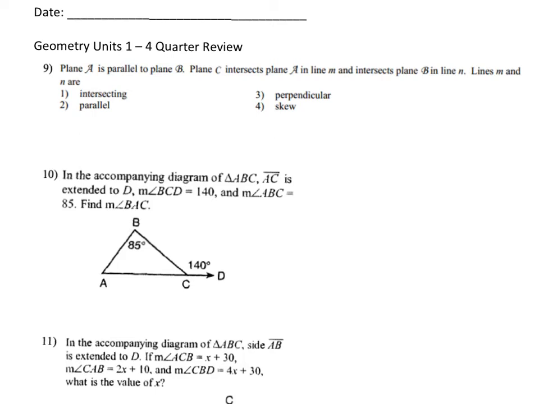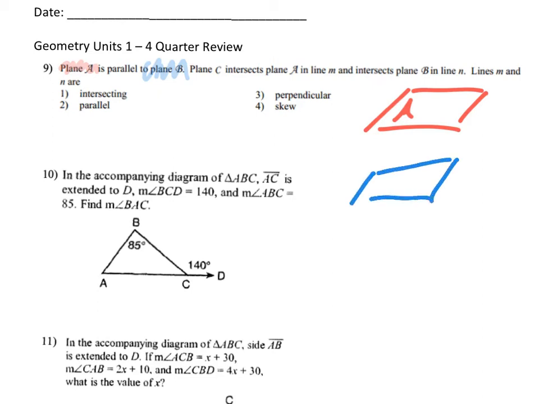So I'm going to say that plane A is going to be this red color, right? So plane A, I'm just going to draw a plane that looks like this, and I'm going to do my best to draw that script A, okay? And then we know that it's going to be parallel to plane B, so I'm going to draw that in blue, whoops, right? Plane B looks like this, another plane, and I know that these planes are never going to touch, okay?